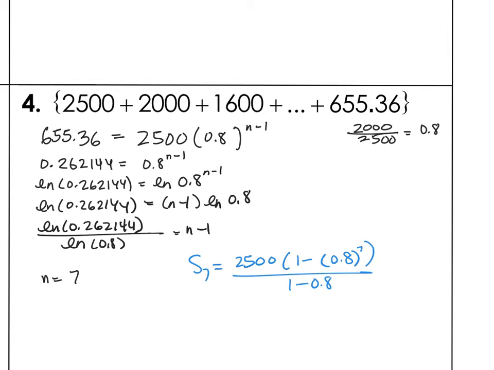And that ends up giving us 9878.56. Voila, there it is. So just make sure that you know the formulas and you're able to figure out what piece is missing. Sometimes you have to figure out missing pieces before you can actually use the formula to find what they're asking us to find.